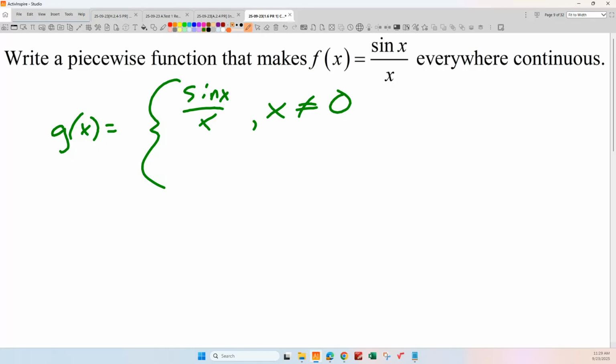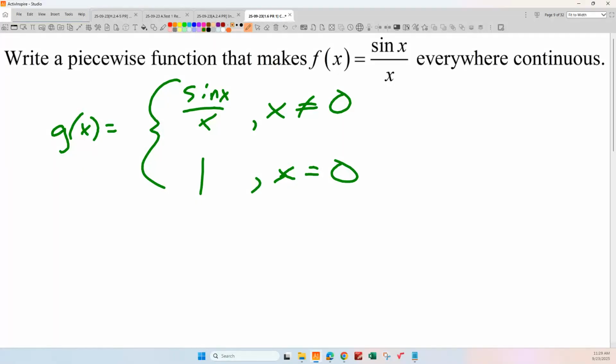Right, but I want it to be continuous. Okay, what is it? We know that limit. It's 1, exactly, right? So then what's the one other point I need when x is equal to 0? What do I define its value to be? Now it's continuous. We filled in the hole.